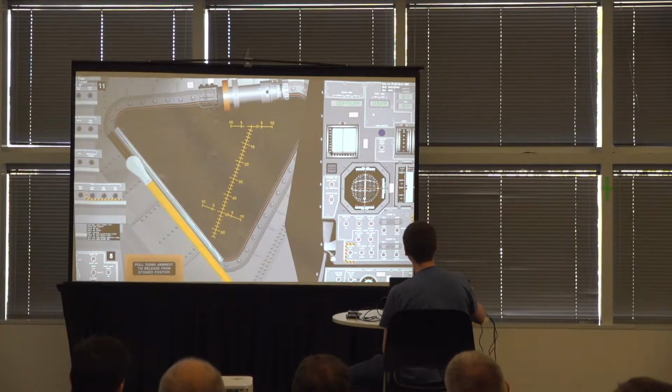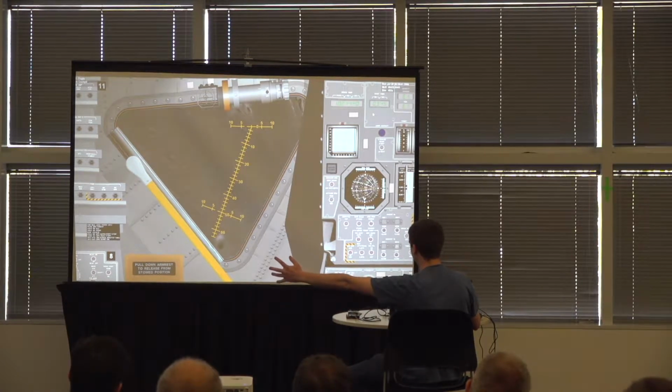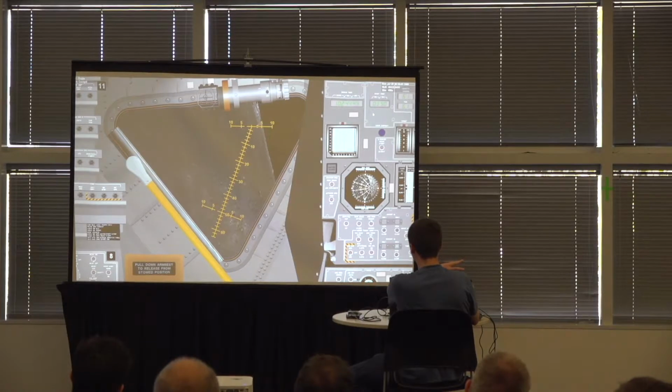I'm going to move my hand controller to the right to start doing the burn, to change our yaw. The AGC is in what's called minimum impulse mode right now, which means it fired a couple thrusters to get us turning like this, and now we're just spinning without any thrusters firing.